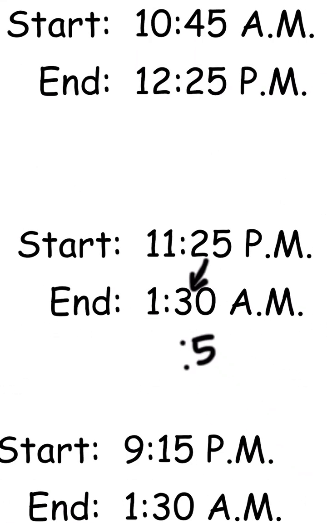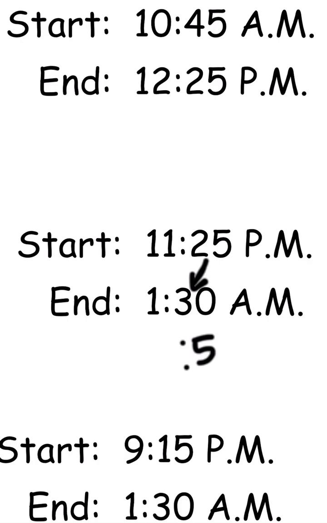Now, 25 minutes has become 30. So 30 minus 25 is 5. And for this one, we can't really subtract for the hour. So 11 has become 1. So first, 11 plus 1 hour becomes 12.